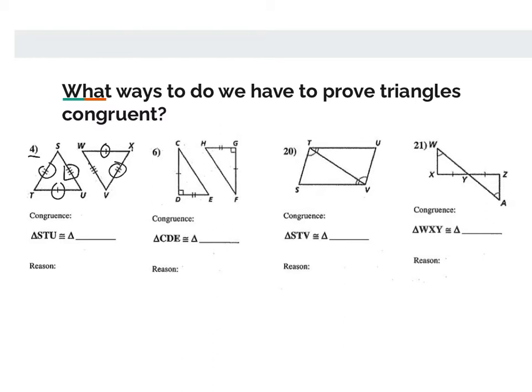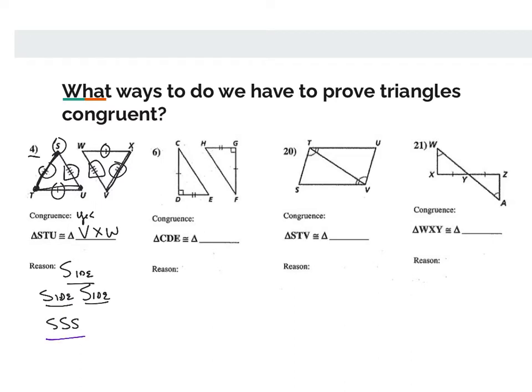So our congruence, yes, is S, T, U. Now we have to look at what matches up with S. Well, I'm going to say V. Then I go down to T, so I'm going to go over here to X, and then back to W. My reason for that is going to be side, side, side. Okay, side, side, side is our big one here.